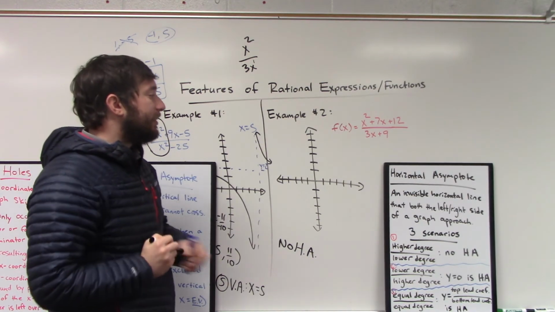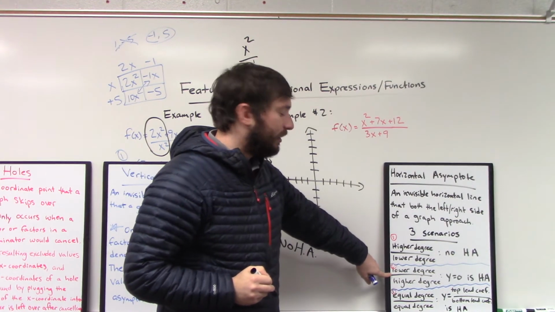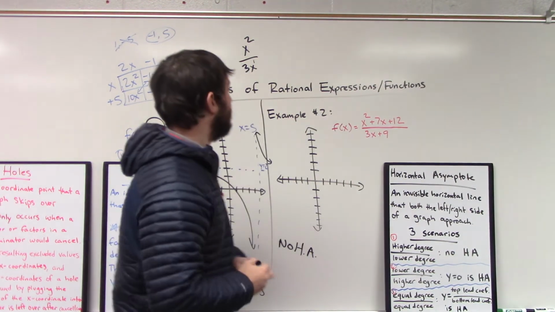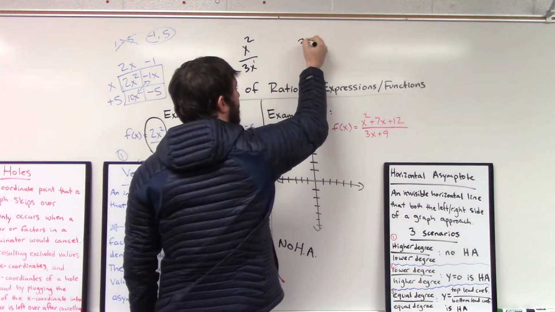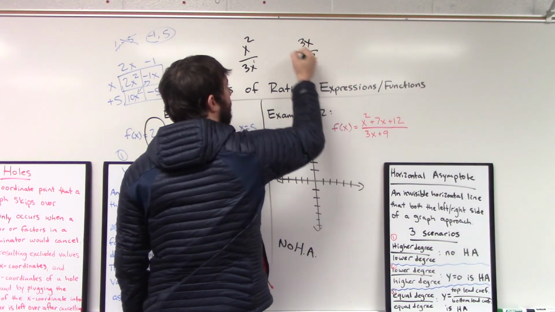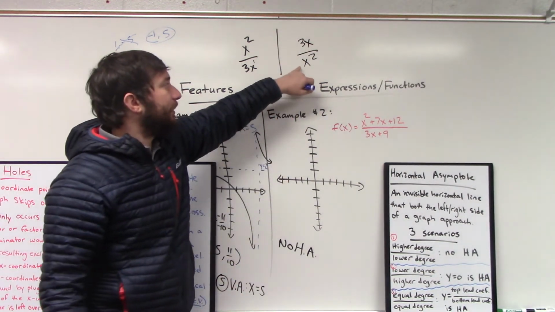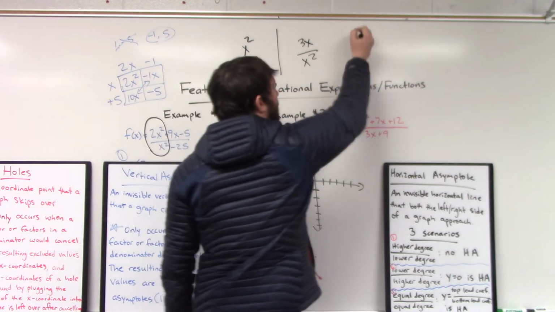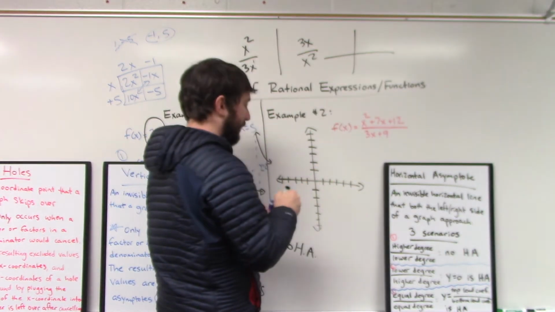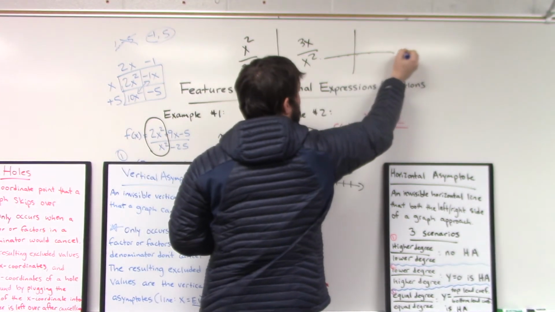And by the way, if the degree on bottom was larger, let's flip this. Let's say that we had a different problem and it was like 3x over x squared. Clearly that's different than what we have. But if you did have something like this, what will that look like? You'll have a horizontal asymptote after all, and it will be at y equals 0 on the x-axis.